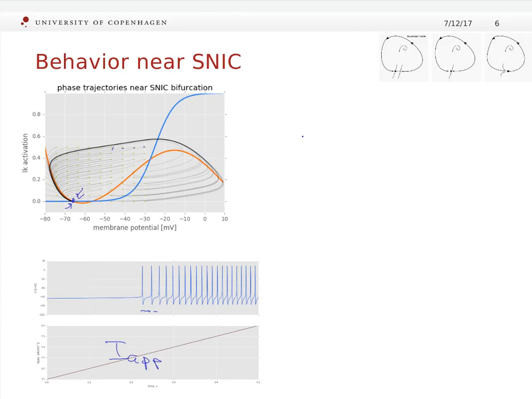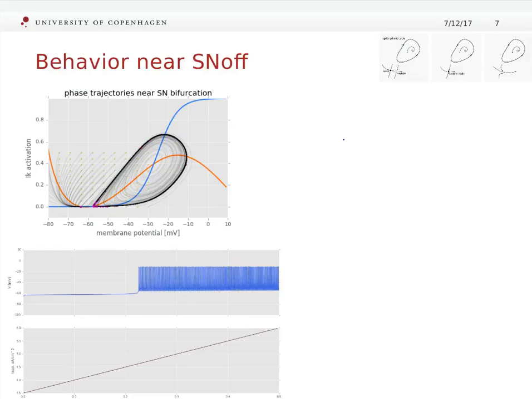Now let's look at the saddle node bifurcation of invariant circle, which we'll do in the next slide. In here, these are the equivalent graphs. So we start our system at different starting points, shown here, and we either end up in a resting state or we end up in a spiking state.